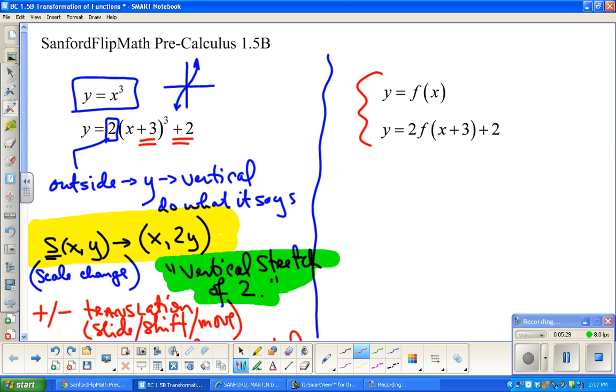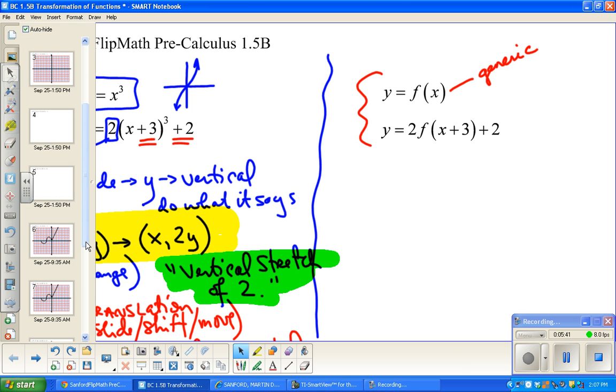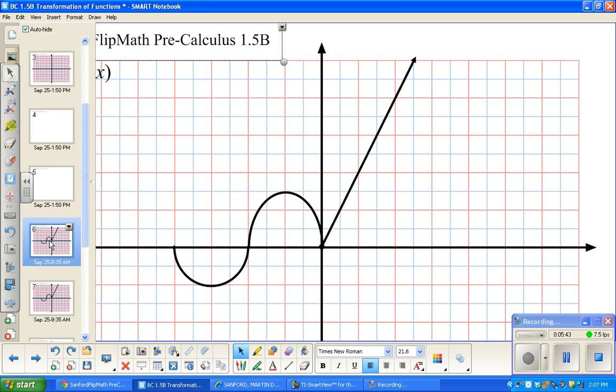Well, this is a very generic f of x. The idea is that sometimes we end up starting with just a graph that really doesn't have an equation, for instance, something like this. It'd be very difficult to graph this in the calculator because I don't have a function to put with it.